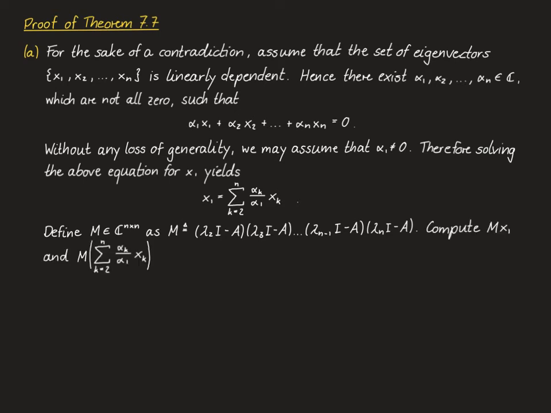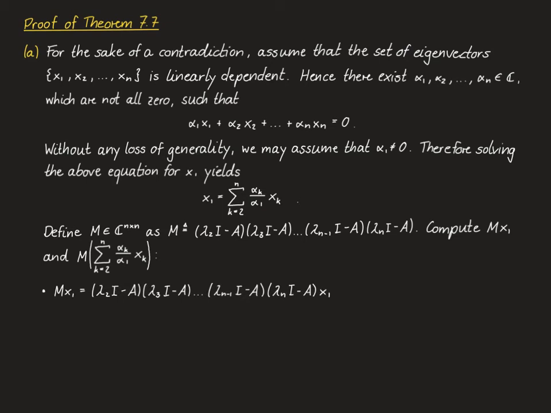Now we multiply both sides of this equation with the matrix M and show that the left-hand side, so Mx1, and the right-hand side, so M times this sum, are not equal, which establishes the contradiction.